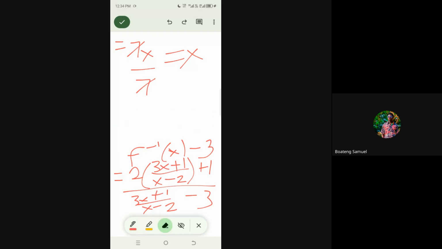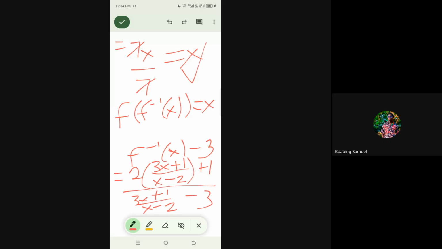Remember we stated that if you have a function and its inverse, you get x. So this implies that the function and the inverse we got is correct.